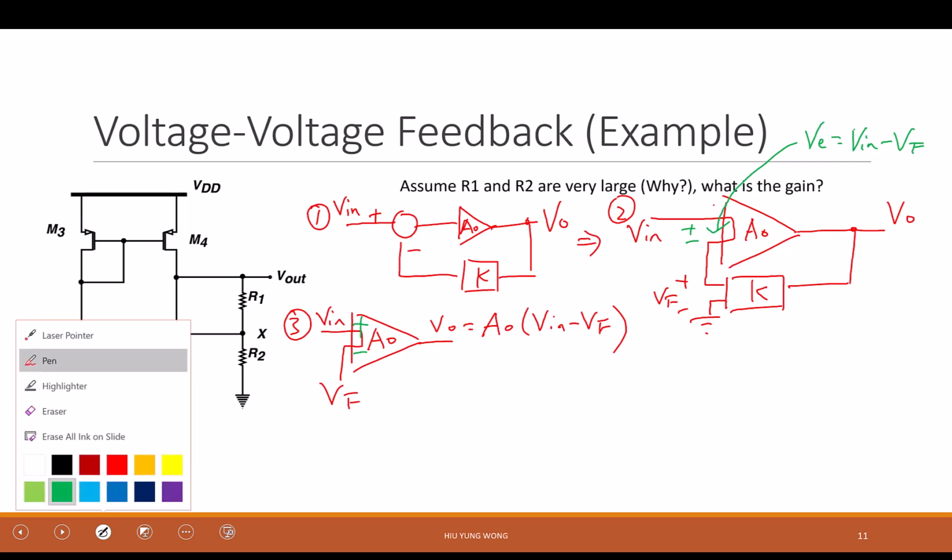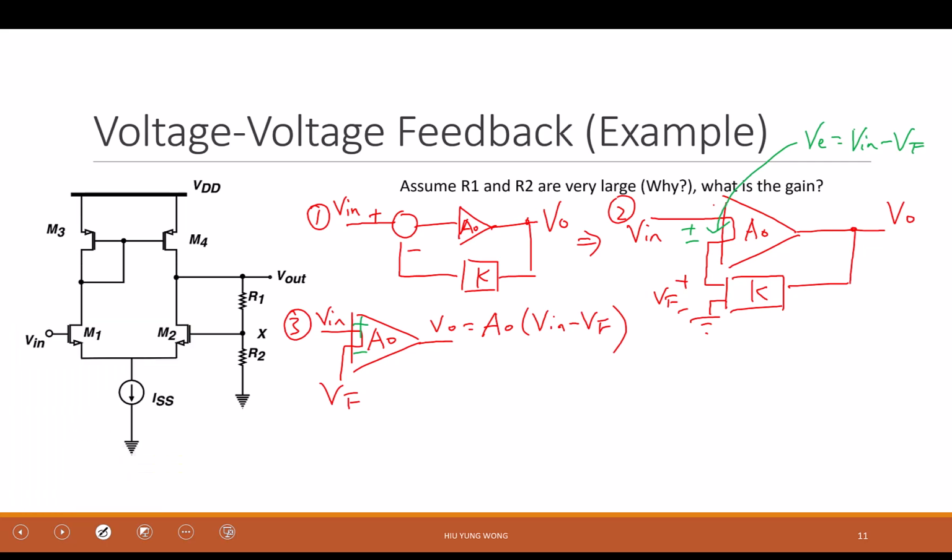And now you see that, hey, this is just equal to this circuit. V in. If I say this part corresponds to A0, make sense?